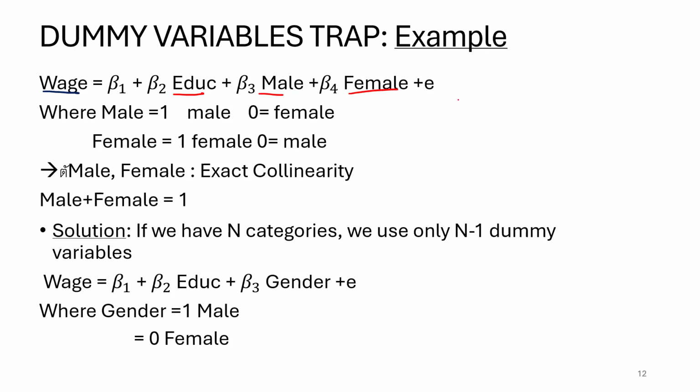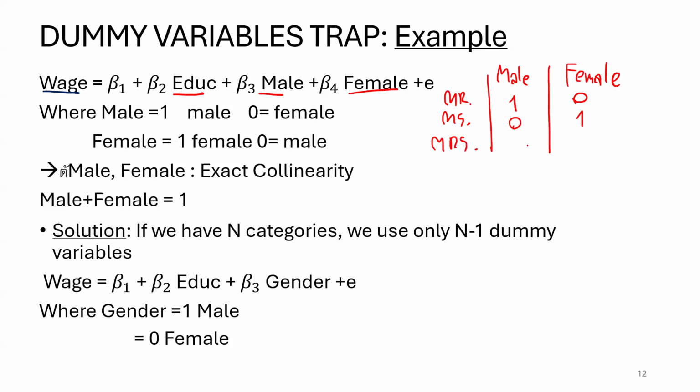Then you collect the data, male, female. The first one is Mr. something, okay, Mr., so male is 1. The second one is Miss something, so female is 1. Yes, of course.